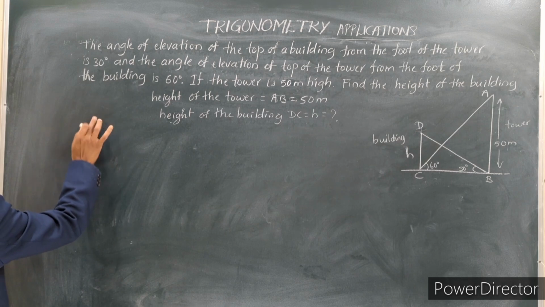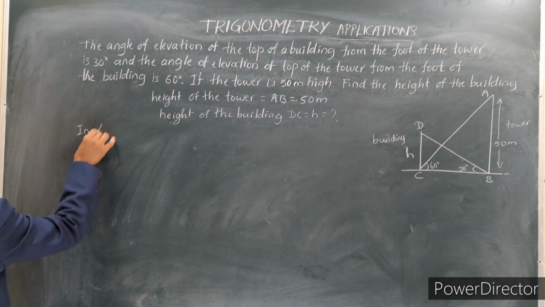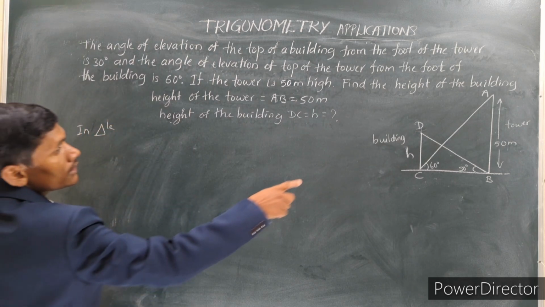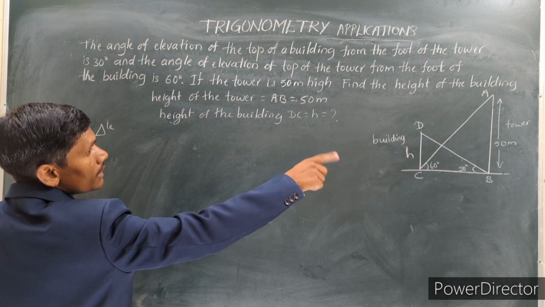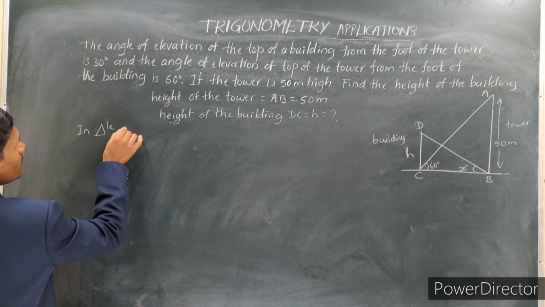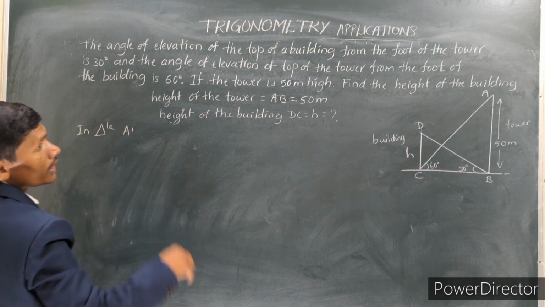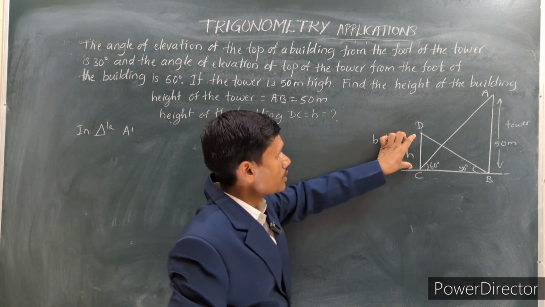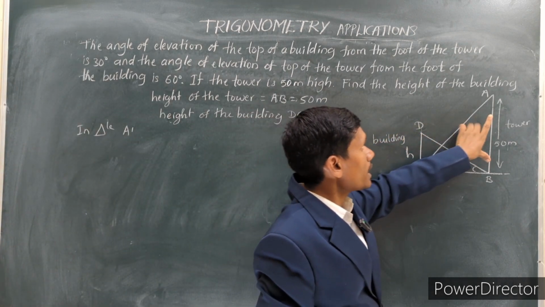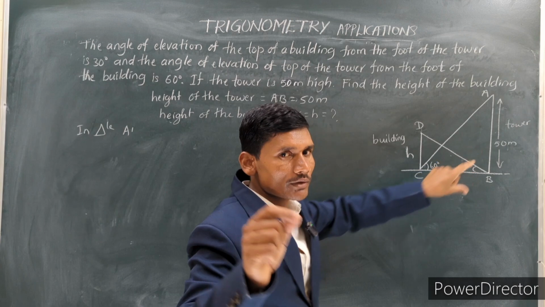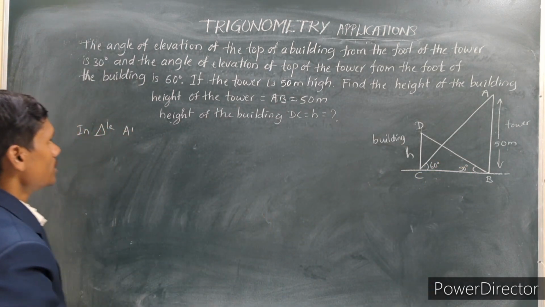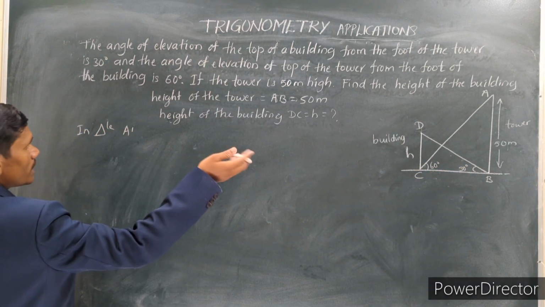Now in triangle ABC. You have to write this: let DC denote the height of the building and AB denote the height of the tower. You must mention all that, it is the general one. I am not writing it, you can write that.